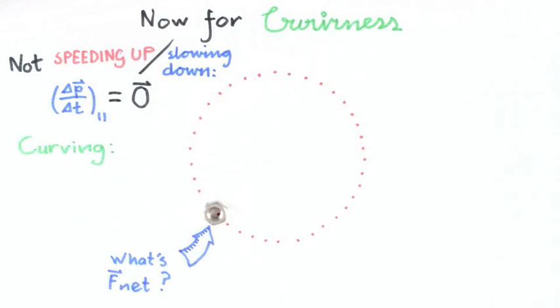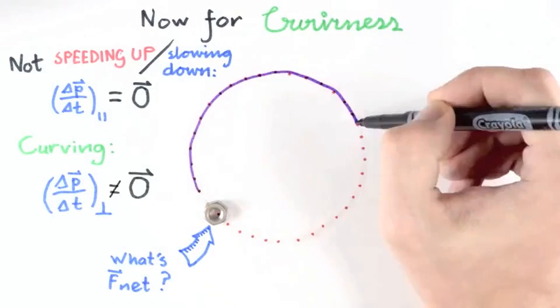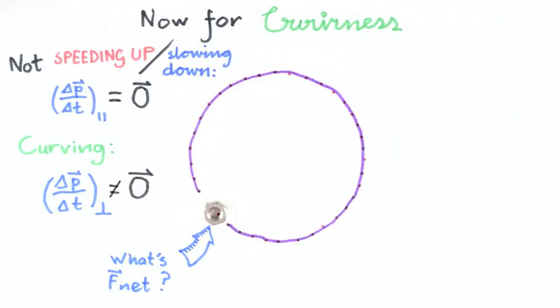Next, because we see curviness to the path, we expect delta p over delta t perpendicular is non-zero. To find this, we need to describe the kissing circle that fits the path. Here, that's easy because the kissing circle is just the particle's path itself.